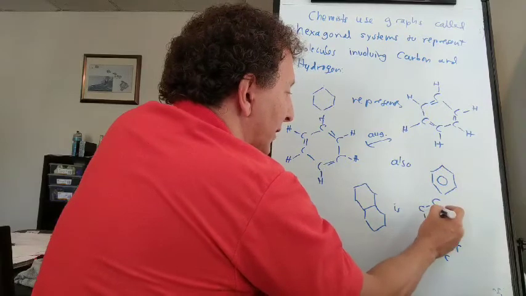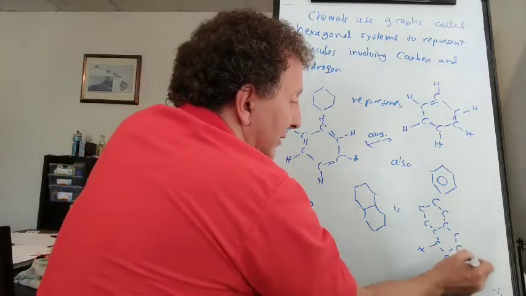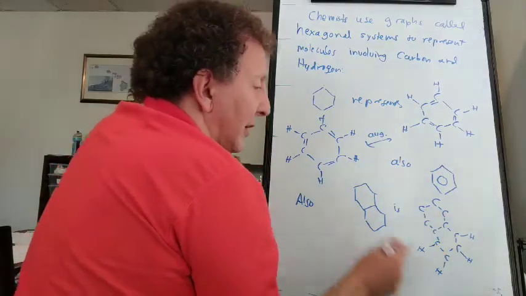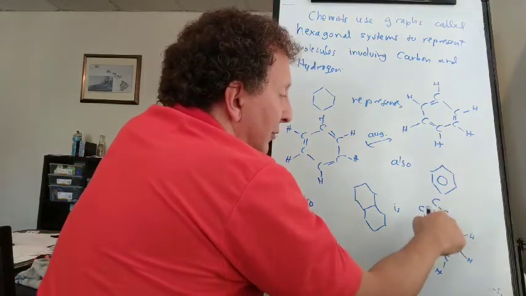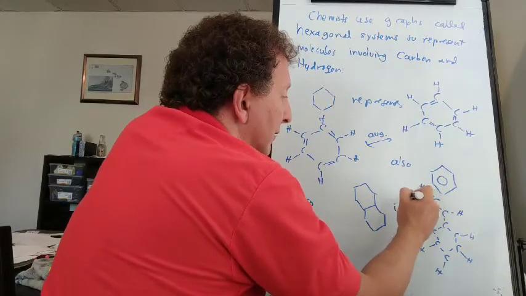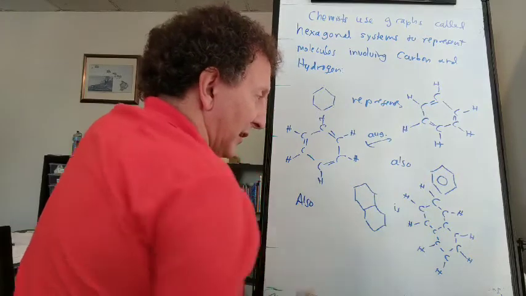And I won't bother putting in the single and double bonds. And then hydrogens coming off of every vertex, so that what we see is a graph where every carbon has degree 3. This one already has 3 neighbors, so it doesn't get a hydrogen. And this one already has 3 neighbors, so it doesn't get a hydrogen.